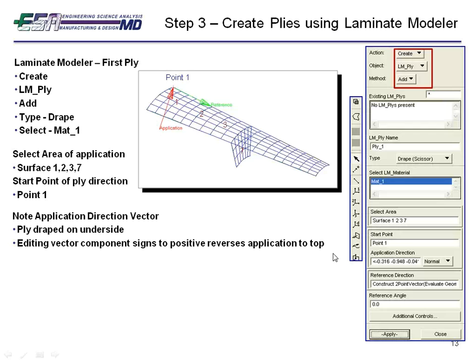The vector application direction is going to designate the location of the ply, whether it's going to be on the top of the surface or the bottom of the surface. If the vector is pointing to the bottom of the surface, as in this case here, the ply will be applied to the bottom surface. If you define a vector that points to the top of the surface, then the ply will be applied to the top of the surface.